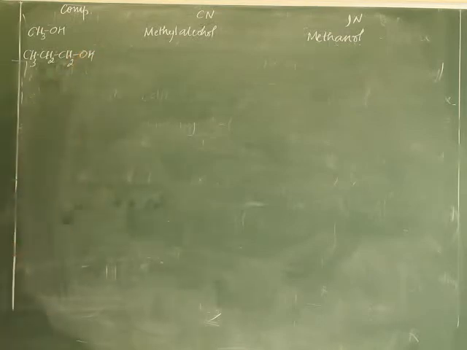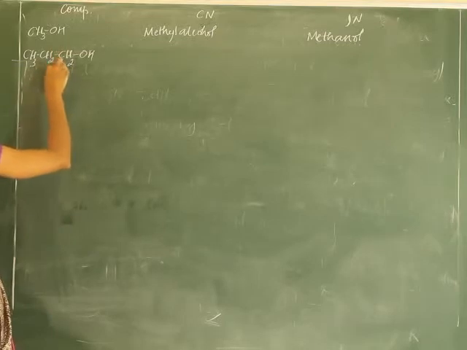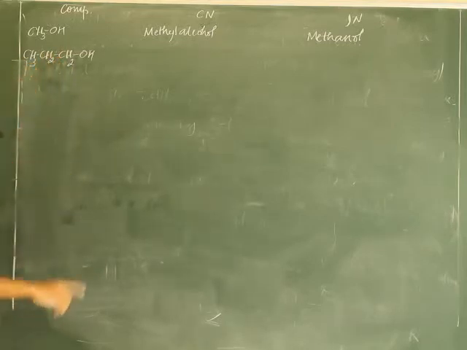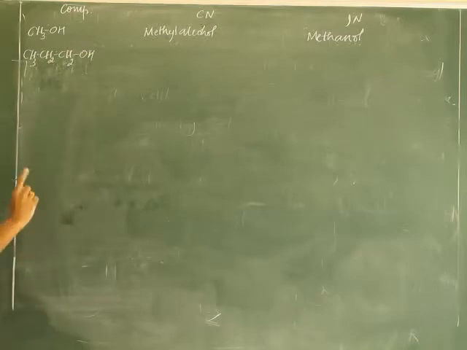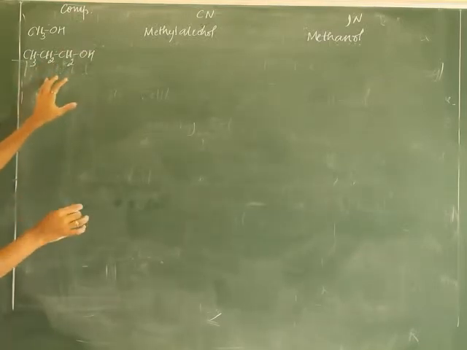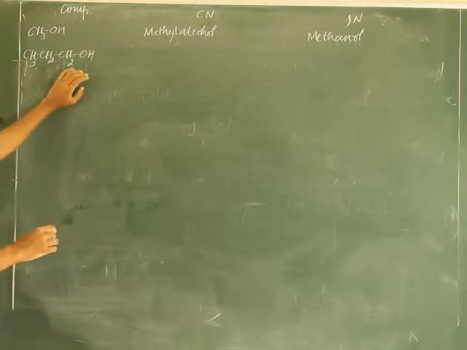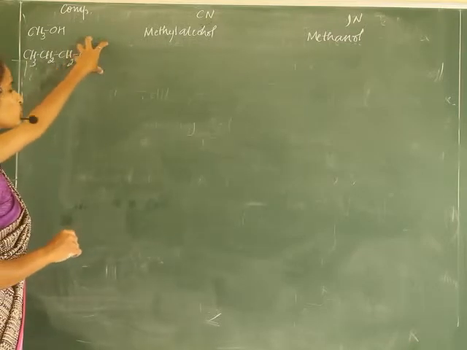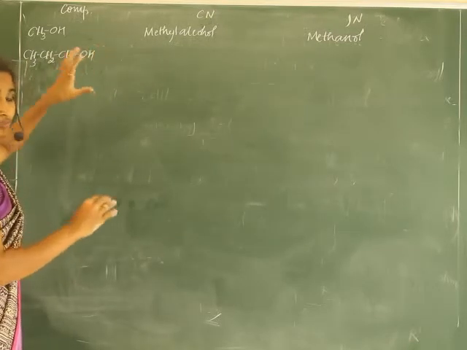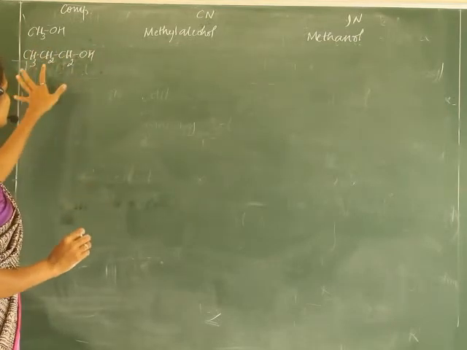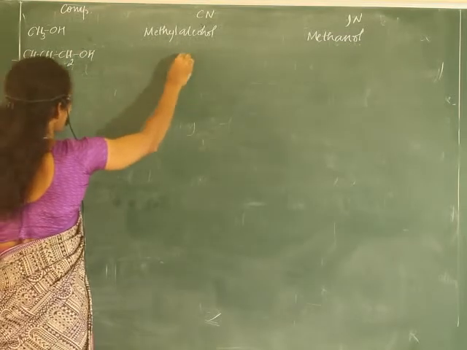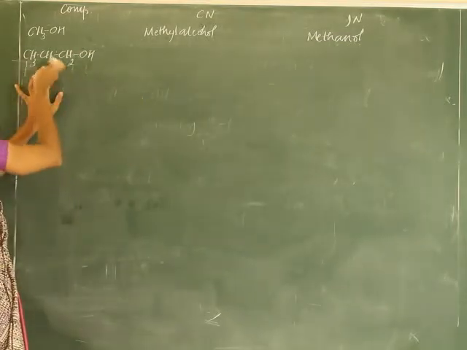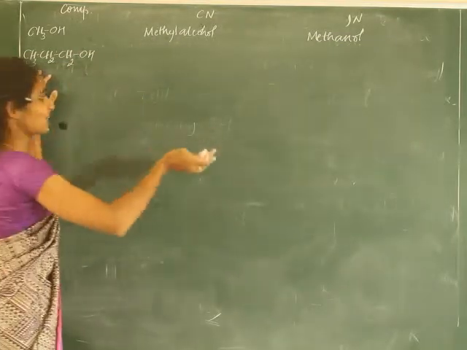I'll write the next compound, that is CH3, CH2, CH2OH. See, how many carbon atoms are there? 1, 2, 3, right? Those rules you know, right? There is a parent carbon, it should contain the functional group, should get the least number, etc. Just go through that. And here 3 carbon atoms are there, hence it is a propyl alcohol and it's a normal chain. Here you cannot see any branches, right?